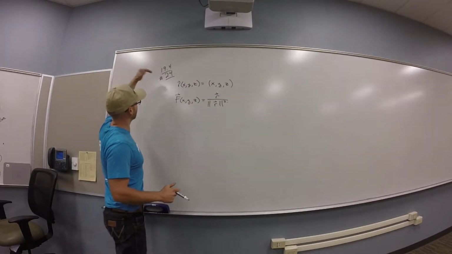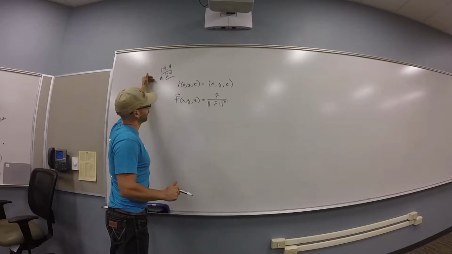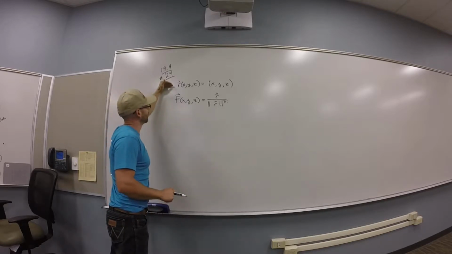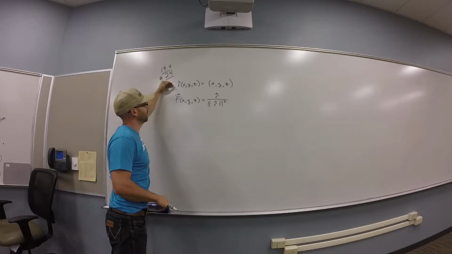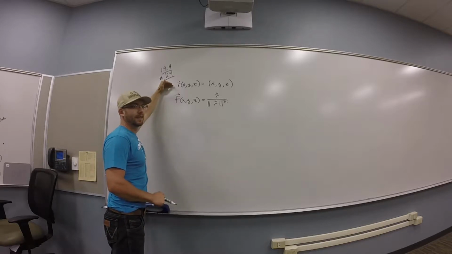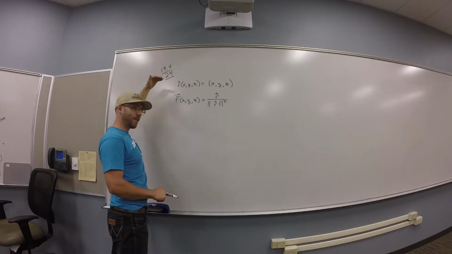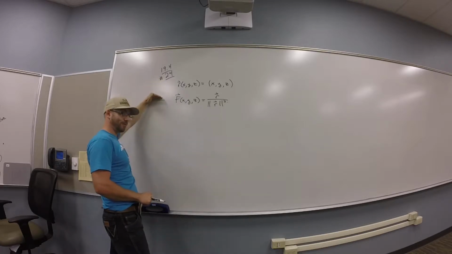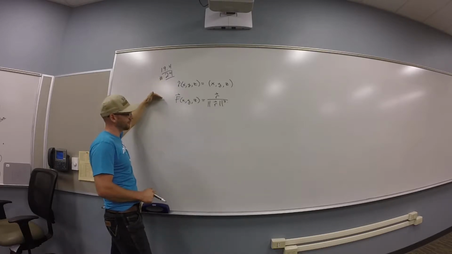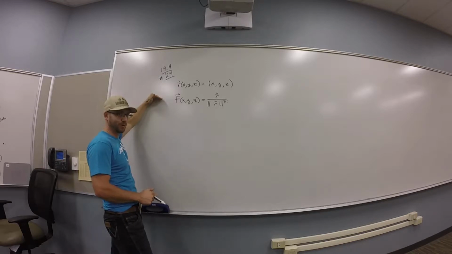So in 19.4, number 24, they tell me that there's a vector field R that's given by x, y, and z. And then further, there's a different vector field F, which is given by R divided by the magnitude of R cubed.